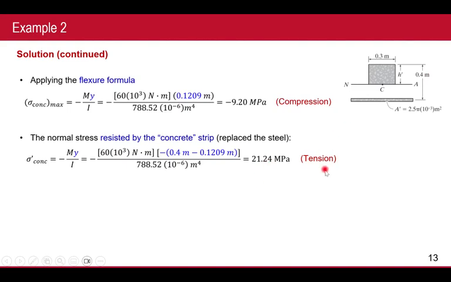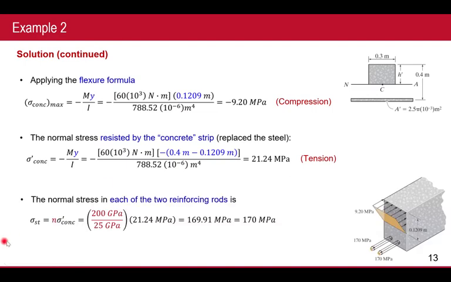But remember, this is in tension, and we must convert into sigma steel, which is equal to n times sigma prime concrete. n is the transformation factor, from the calculation from the equation. So from here, 200 gigapascal over 25, as we mentioned before, times 21.1 is 170 megapascal.